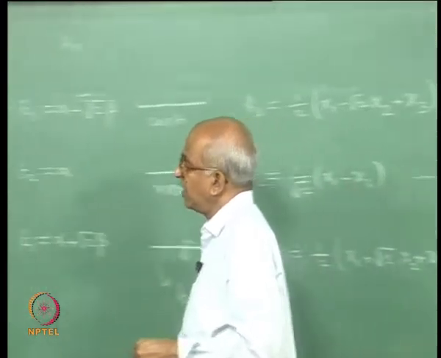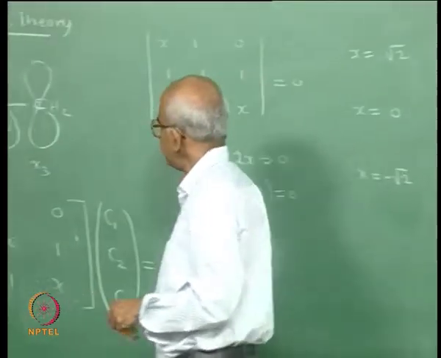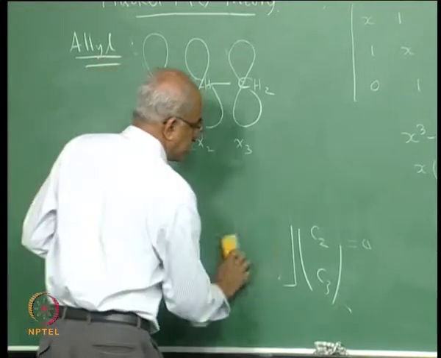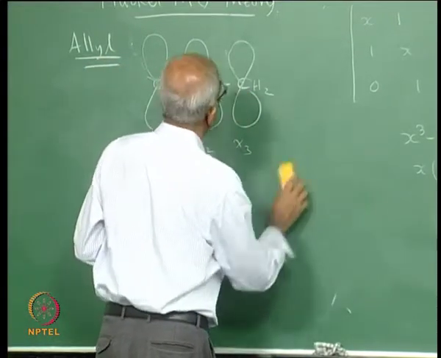So, this is the allyl system. Now, another interesting system is butadiene.